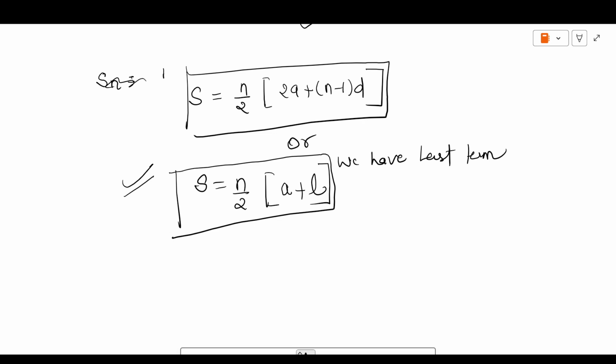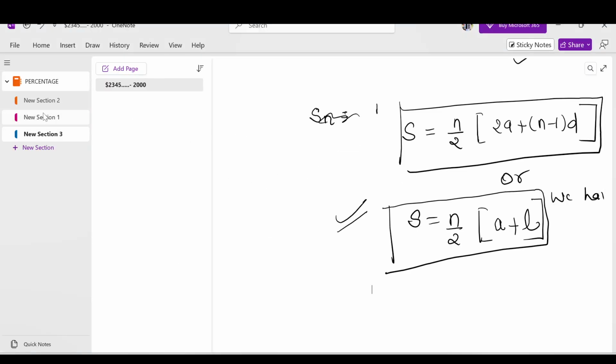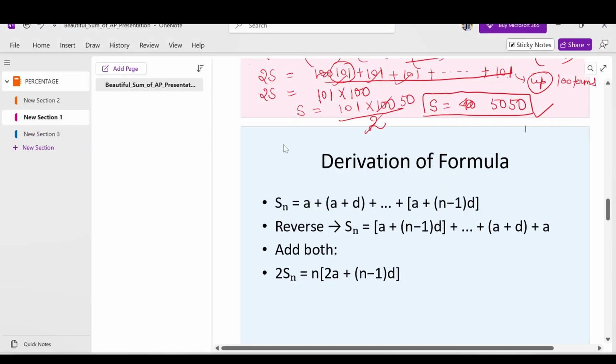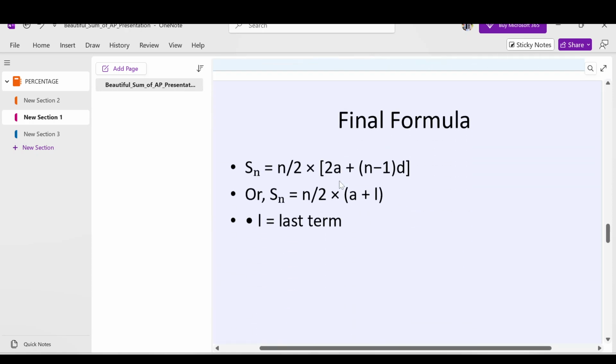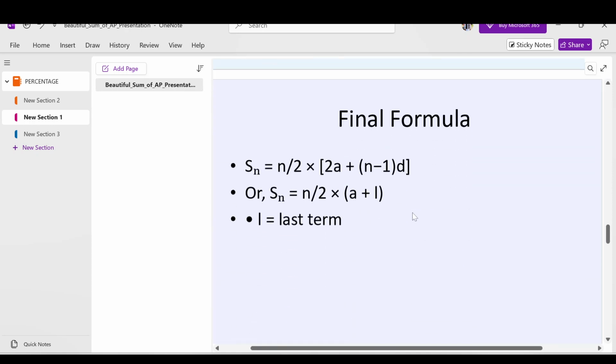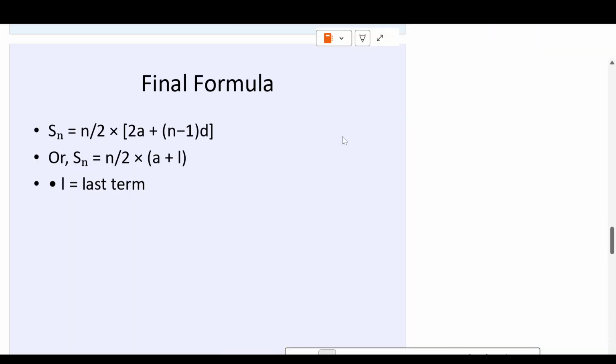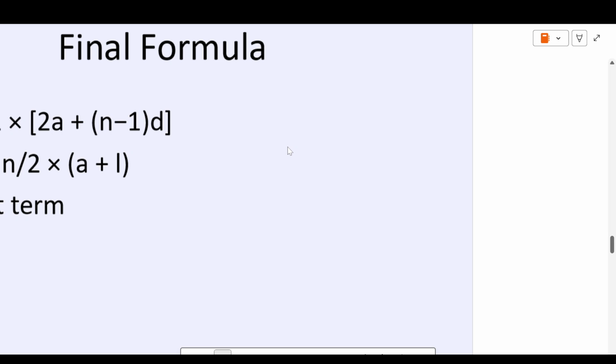Now let's move on to some examples. Now it's time for questions. So here is the derivation and here is the formula. I already proved all that. Here is the final formula.